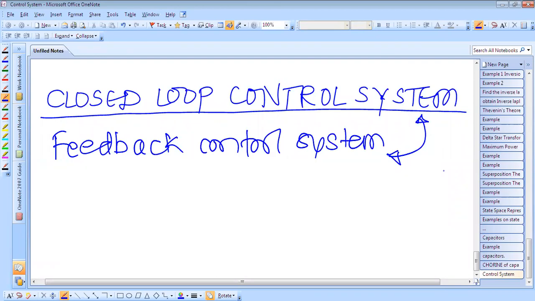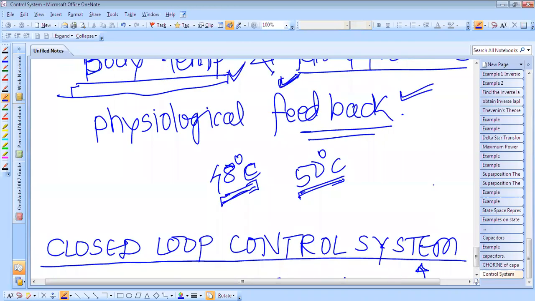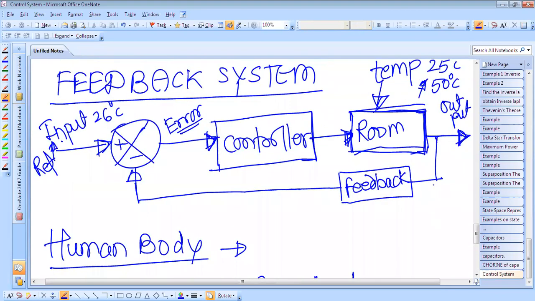In a closed loop control system, the actuating error signal is the difference between the input signal and the feedback signal. This is the actuating error signal, which is the difference between the reference input and feedback.